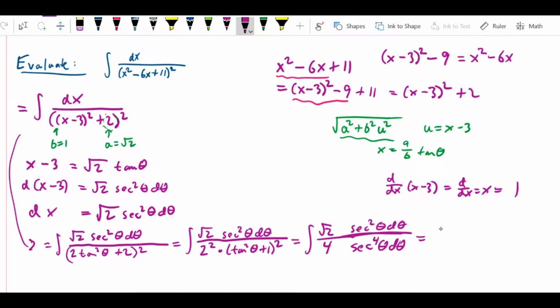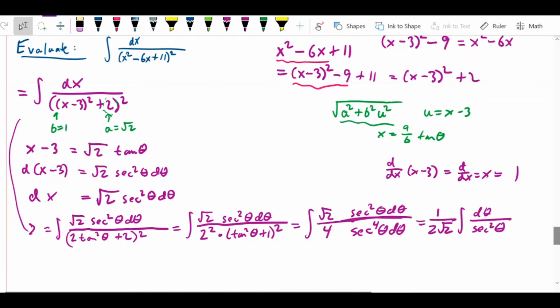And this is now going to equal, if I pull out a factor of root 2, root 2 over 4 is 1 over 2 root 2 times the integral of secant squared over secant to the 4th, which is 1 over secant squared. But what we know is that the reciprocal of secant is just cosine, so this is going to be equal to 1 over 2 root 2 times the integral of cosine squared theta d theta.